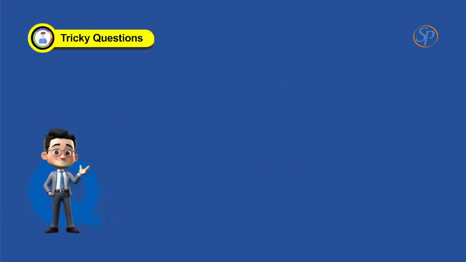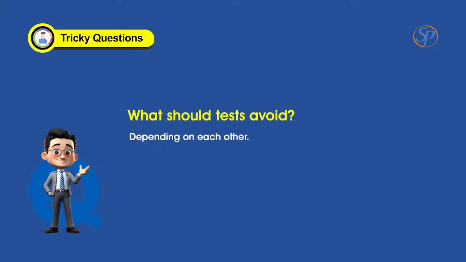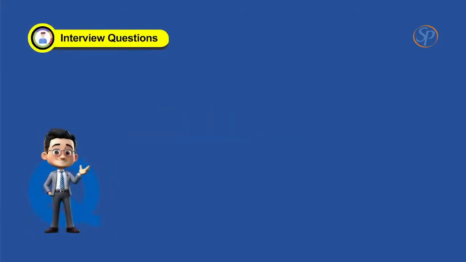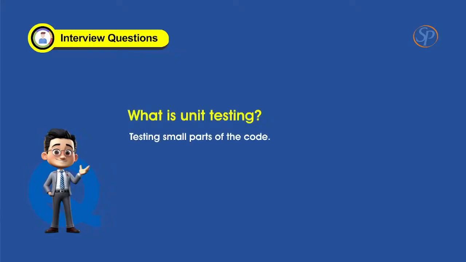We'll see a few tricky questions. What should tests avoid? They should avoid depending on each other. What is mocking? Using fake objects in place of real ones. We'll see a few interview questions. What is unit testing? Testing small parts of the code.